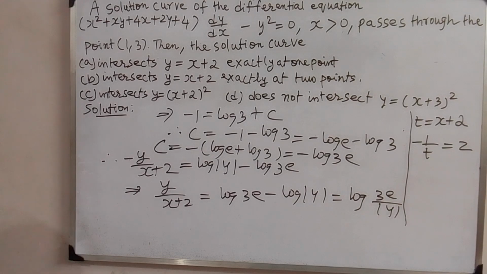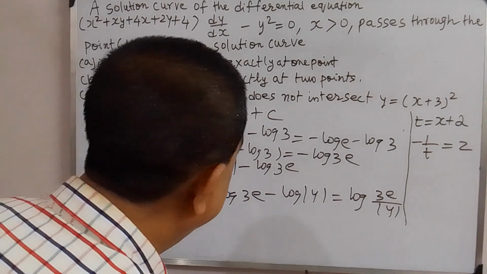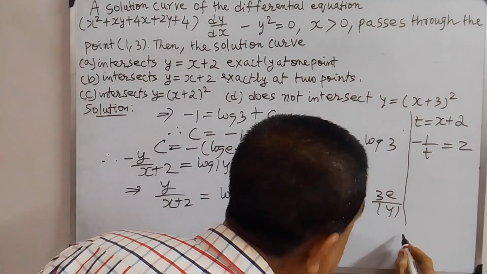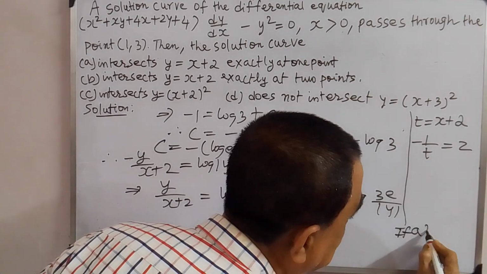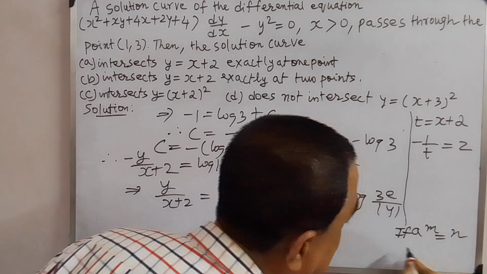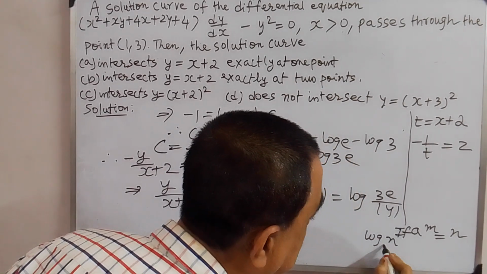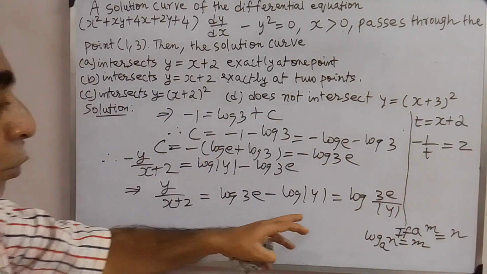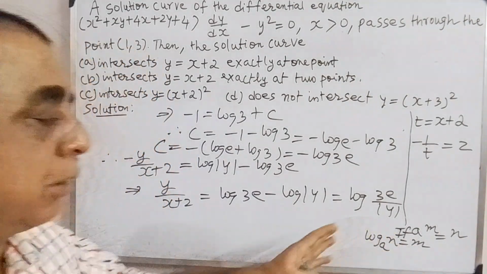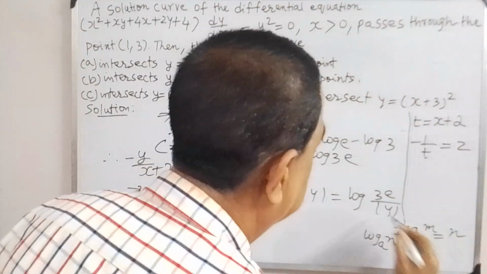Now what is the property of log? We know the definition of log: if a to the power m is equal to n, then log n to the base a is equal to m. Now if we change it back, it will be in this form.